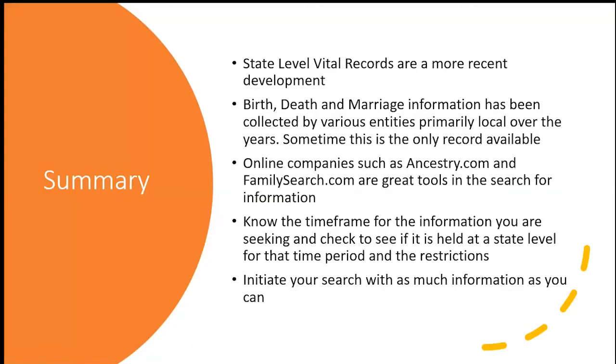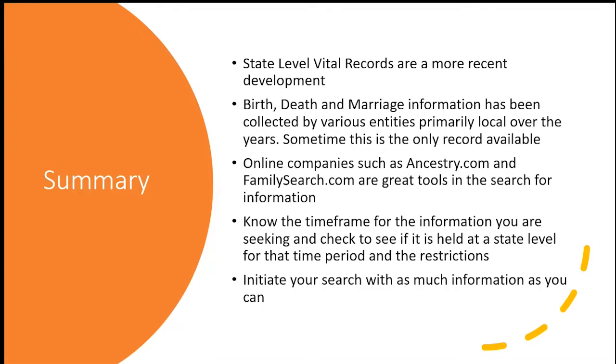In summary, state level vital records are a more recent development. Most of them started around 1900 and continued up to around 1955. But the birth, death, and marriage information has been collected by different entities, primarily local, over the years. Sometimes this is the only record available for your relative in that time period because state level records are not available.